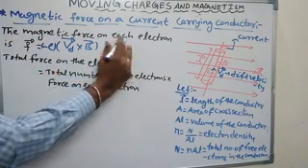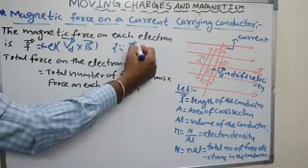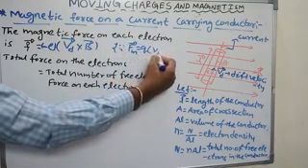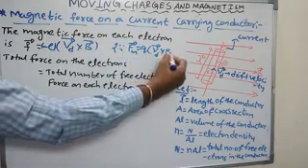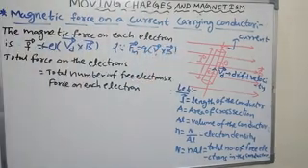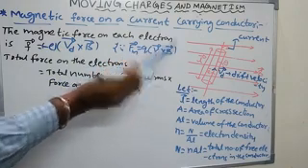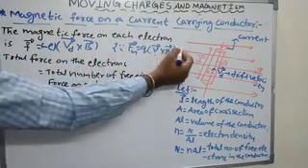We know that the general expression for the magnetic force acting on a charged particle moving in a uniform magnetic field is Fm bar equal to Q into V bar cross B bar.